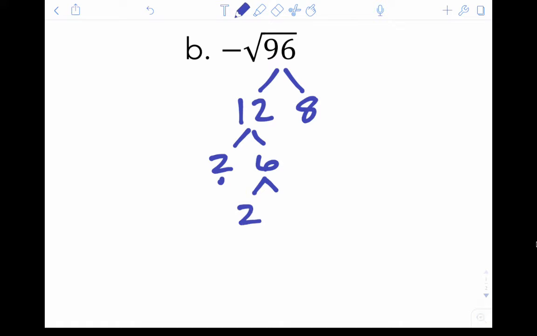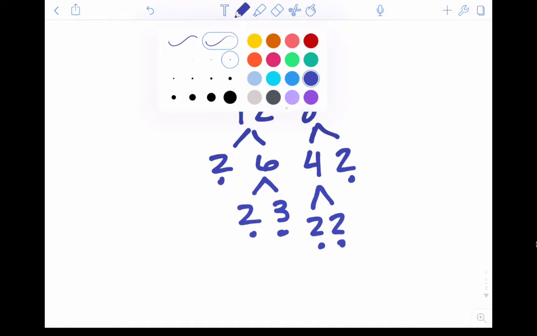Now 6 is 2 times 3, so my 2 and my 3 are done. Now I need to go back over to 8. 8 is 4 times 2. 4 is 2 times 2, so my 2's are done, and my final 2 is done. So I have 5 2's and a 3.